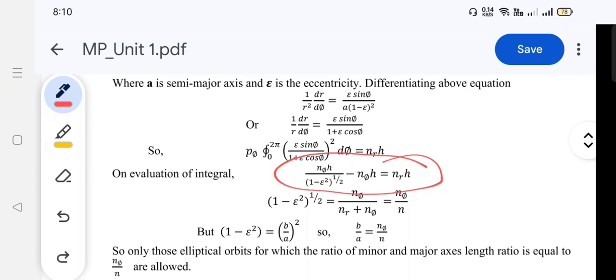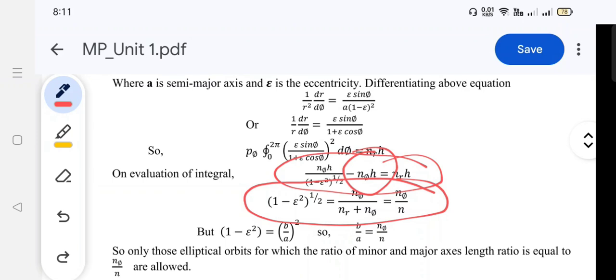Now if we observe, there is h in every term, so we cancel the h, and we take this minus n phi to the right side, it becomes nr plus n phi. We take the reciprocal on both sides, so the equation becomes: 1 minus epsilon square whole power 1 by 2 is equal to n phi by n.